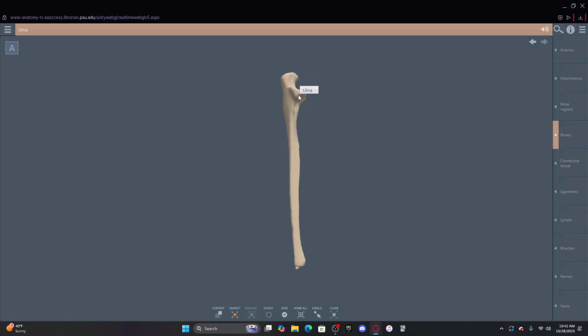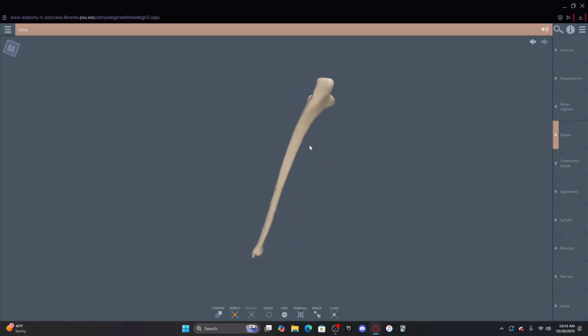And then we have another structure, the olecranon process. Looking at the most superior point of the ulna, we have the olecranon process.